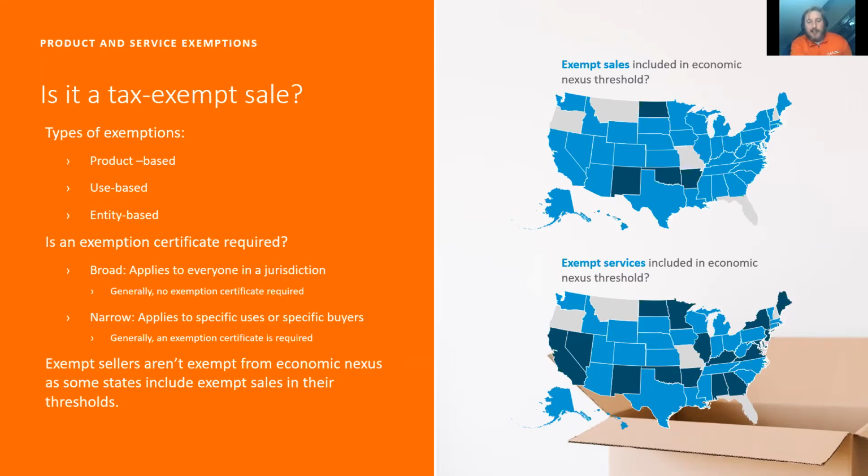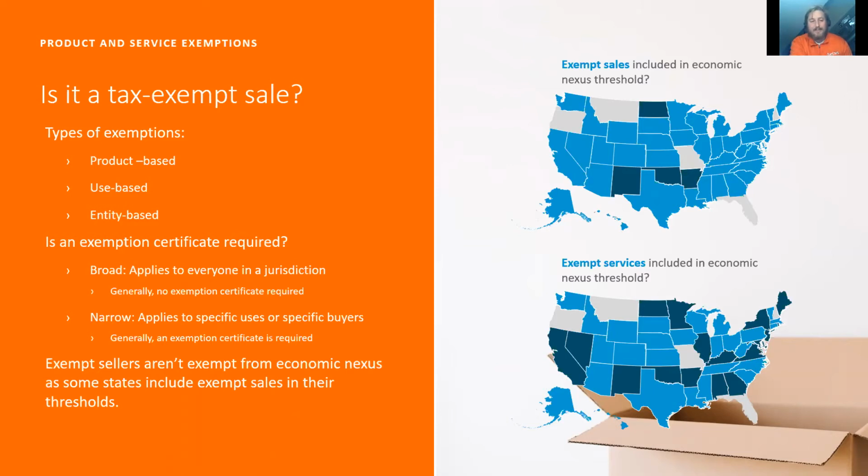As you can see on the right too, kind of piggybacking on the economic nexus thresholds, exempt sales, all of the royal blue are included. And then below that, we also see exempt services, right? So the designation between just exempt sales as a whole and then exempt services, as you can see, the services are not as included as the exempt sales as a whole.